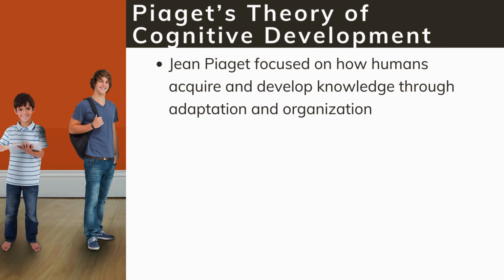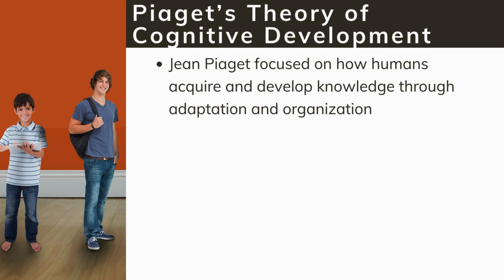Jean Piaget is a Swiss psychologist who studied how humans acquire and develop knowledge. His theory focuses on how children construct their understanding of the world through interaction and experience.